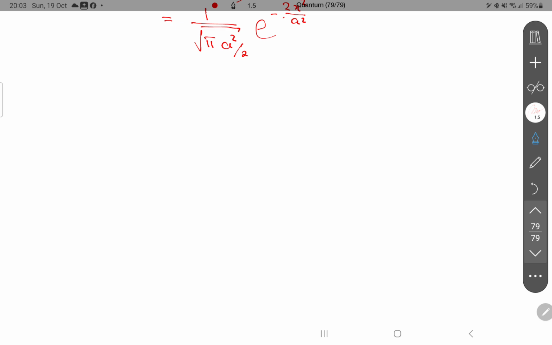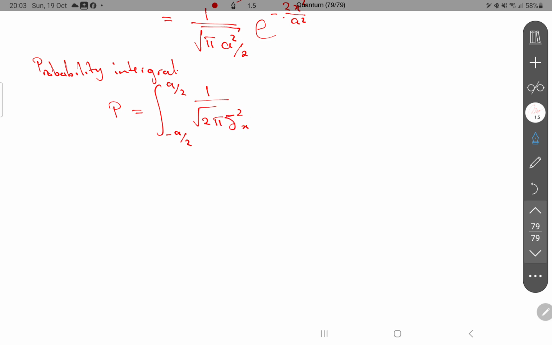Therefore, the probability integral, P, is equal to the integral from negative a over 2 to a over 2 of 1 over the square root of 2 pi sigma x squared, e to the power negative x squared all over 2 sigma x squared, dx.